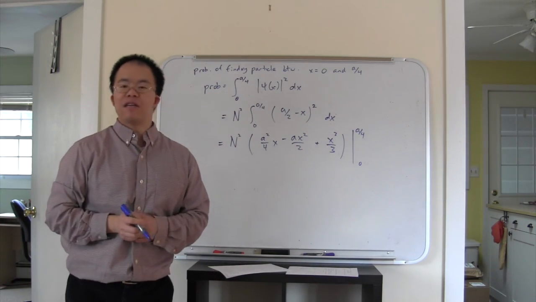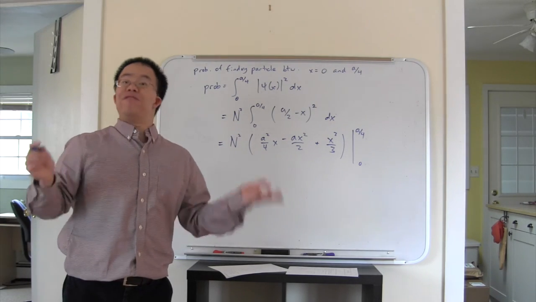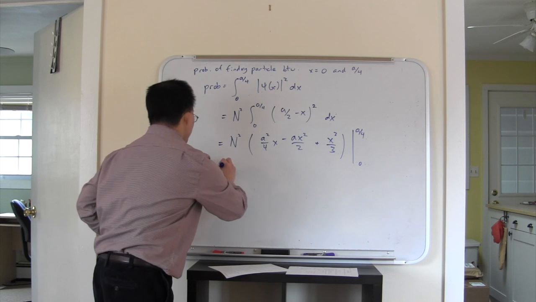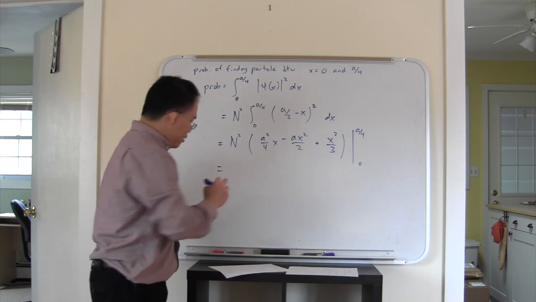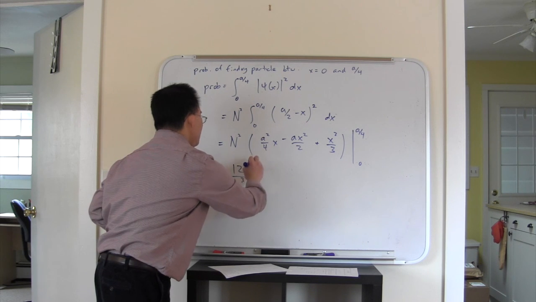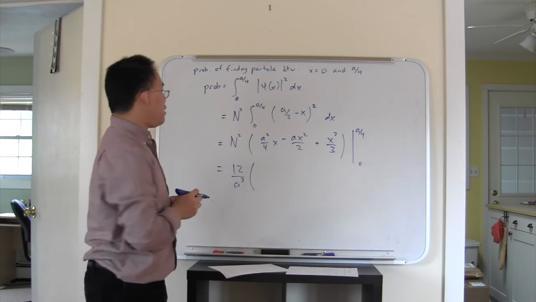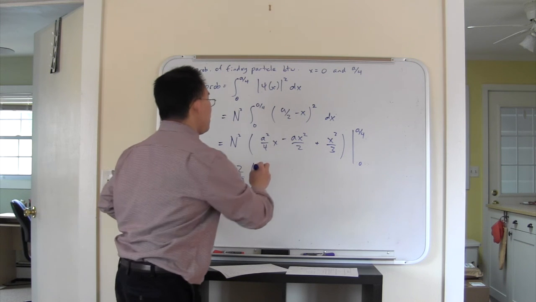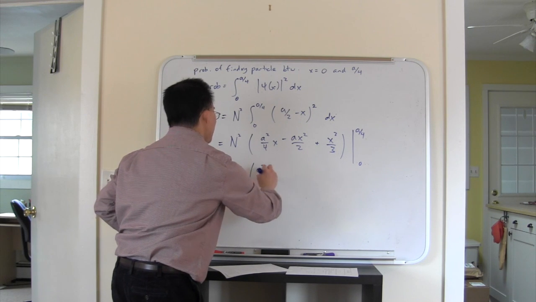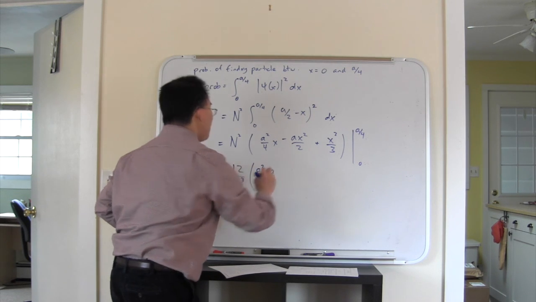Let's plug and chug and also use the fact that we found the normalization constant already. So the n squared gives me a factor of 12 over a cubed. Right? And so plugging in a over 4 in this term, a squared over 4 times a over 4, okay?